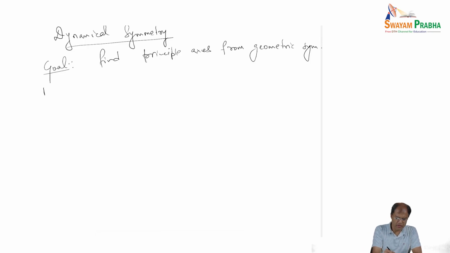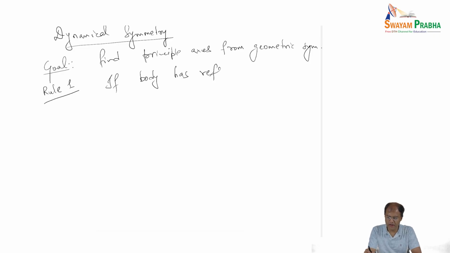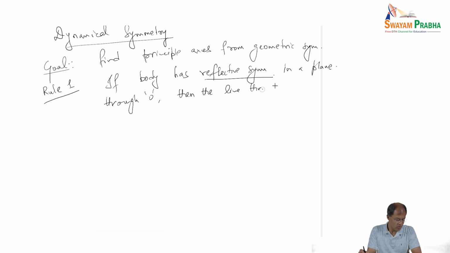So rule one is that suppose a body has the so-called reflective symmetry in a plane through O. So we are talking about some sort of symmetry about a plane, right?